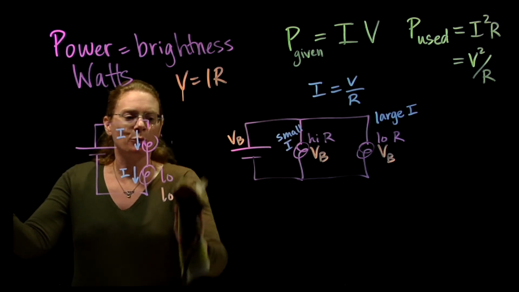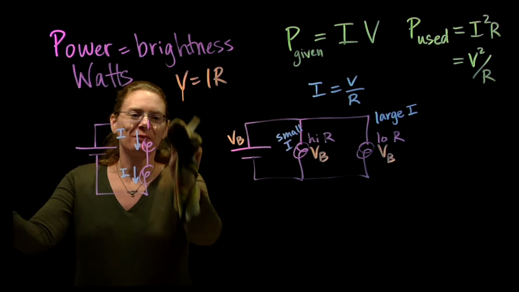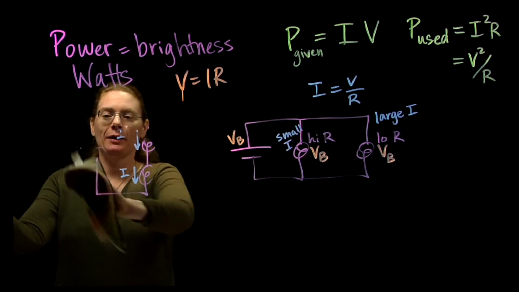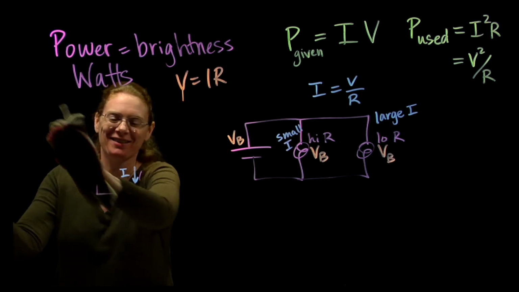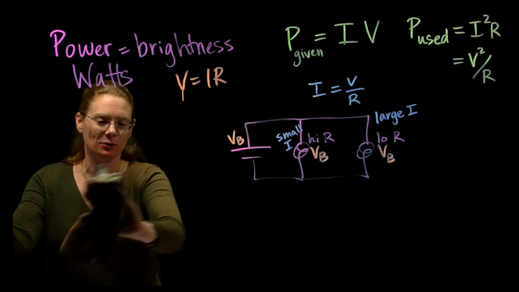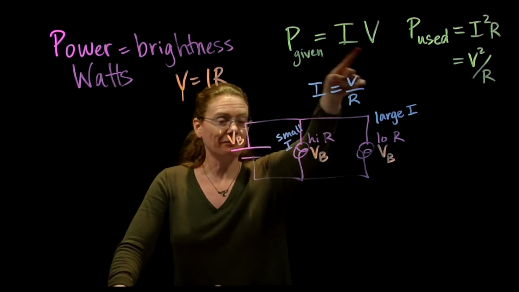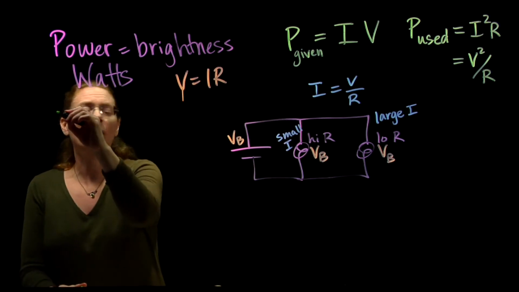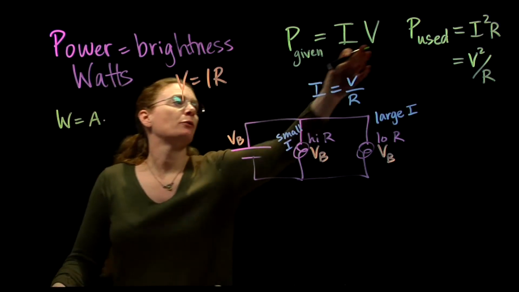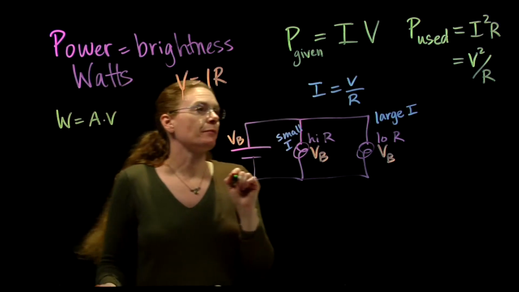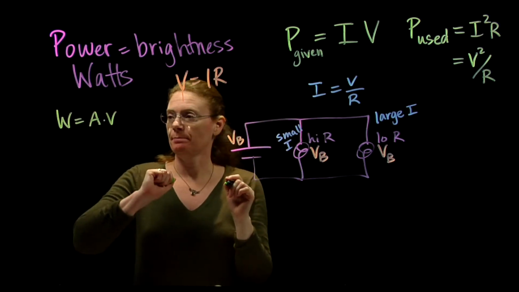Now, the units of power, I said, well, you already know it. It's a watt. Yep, it's a watt. But what is a watt? So if we look at these three equations, power is in watts, current is in amps, and voltage is in volts. All right, so a watt is an amp times a volt.